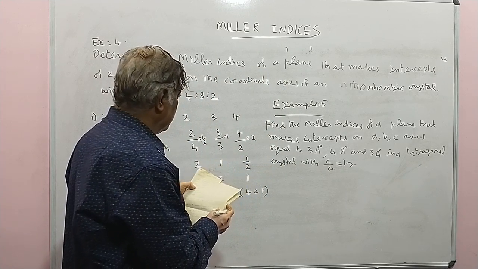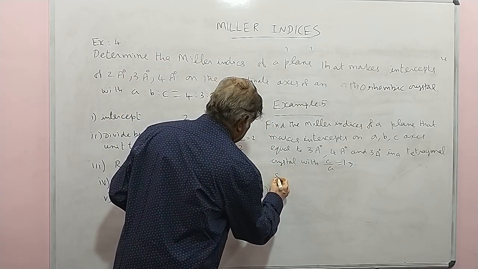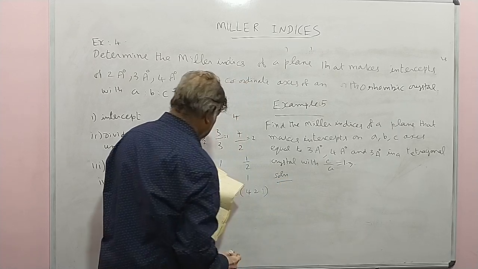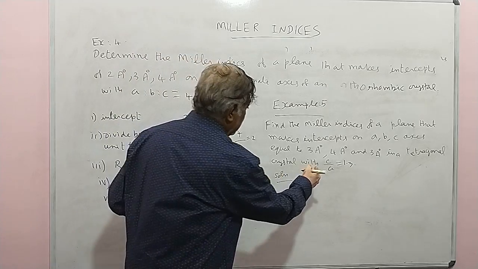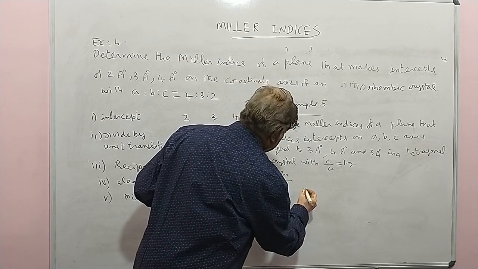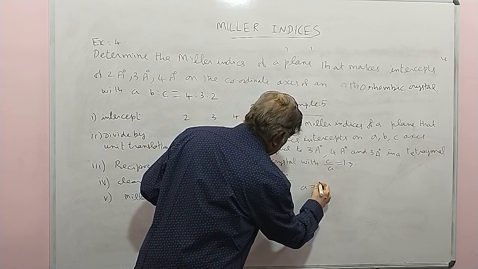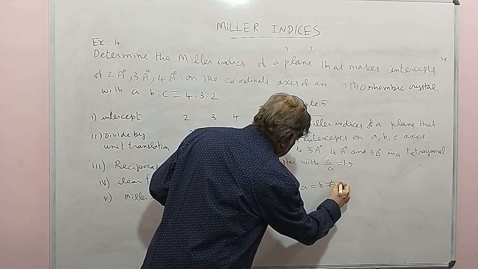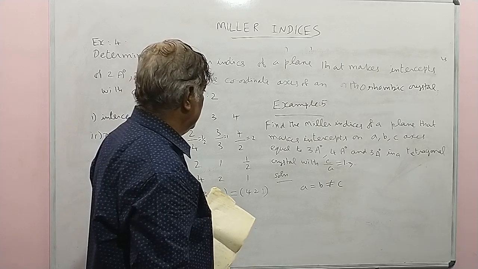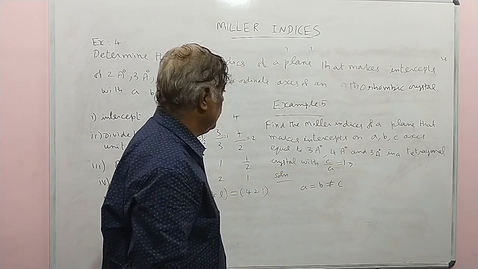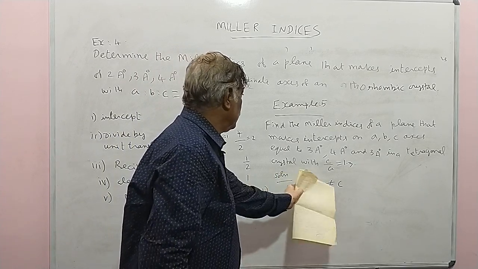Now here let us find the solution. For the tetragonal system, from this problem it is given A is equal to B, which is not equal to C. 2 equal and 1 is unequal.